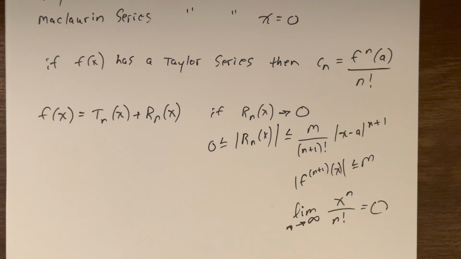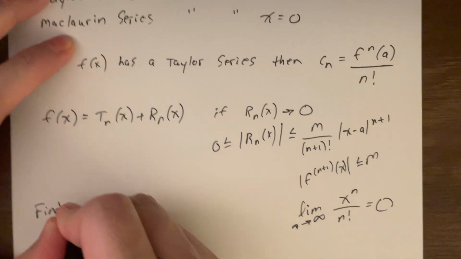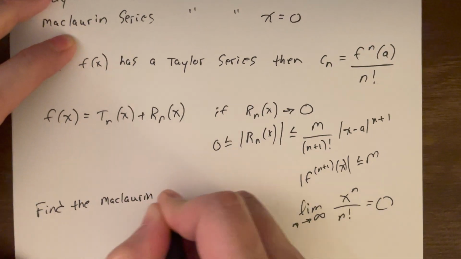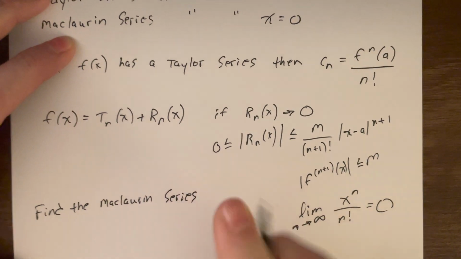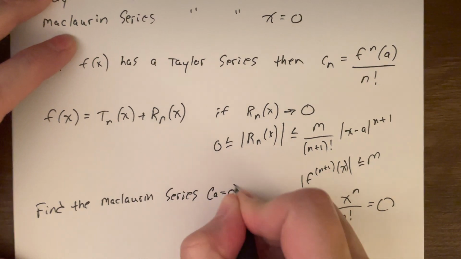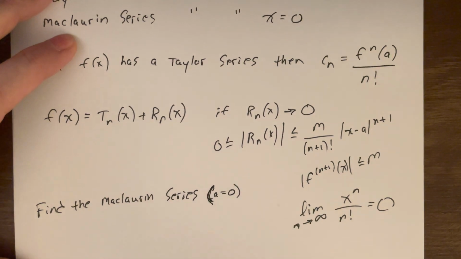So let's start off. Let's find a few Maclaurin series. So again, you automatically know a equals 0, right? We already know that the center value is 0.